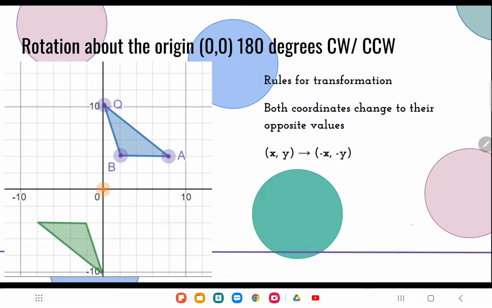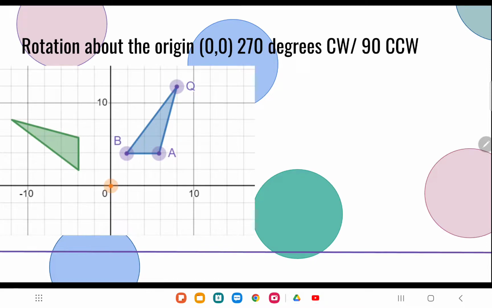Our last rotation in the coordinate plane is 270 degrees clockwise, which is equivalent to 90 degrees counterclockwise. So drawing once again that right angle between my two coordinates here. There's another one from A to the center of rotation over to A prime.